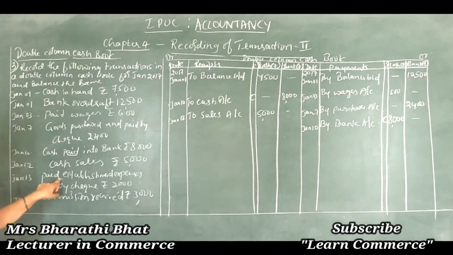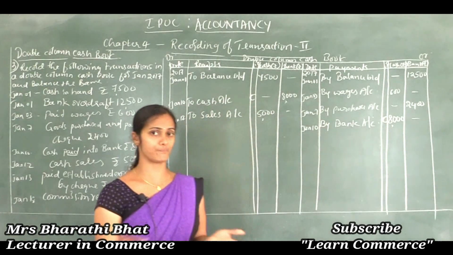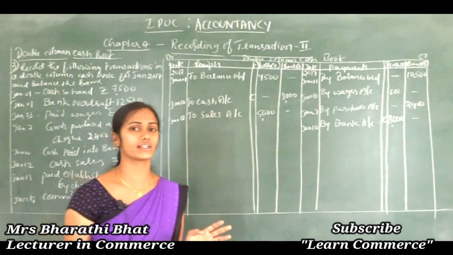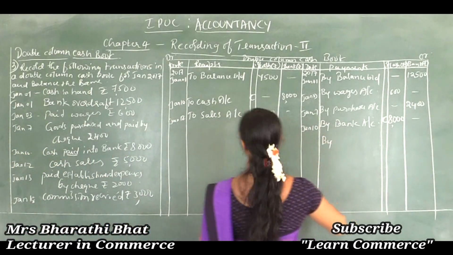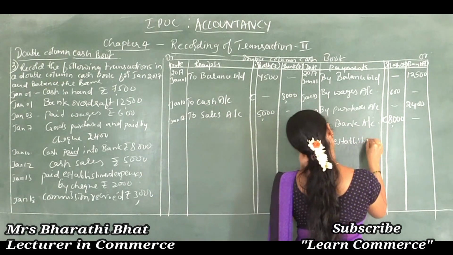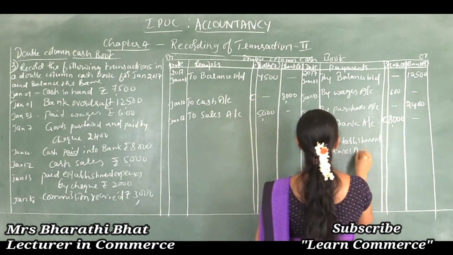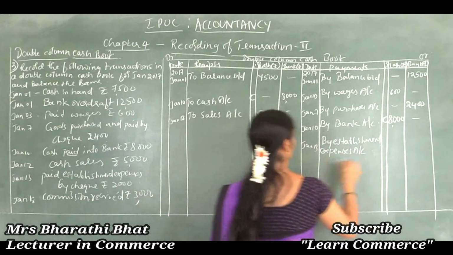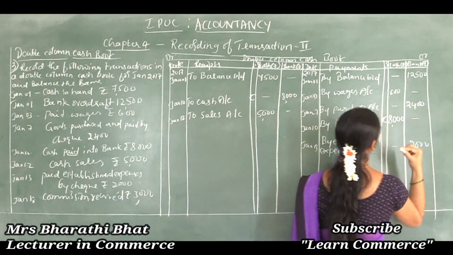Paid establishment expenses, all expenses, very simple. Whatever the expense, general expense, salary, wages, rent, interest or paid commission, if an expense comes, just write directly on the payment side by establishment expenses account. Mention the date, Jan 13, write the amount. Because that is by check, 2,000 under bank column.